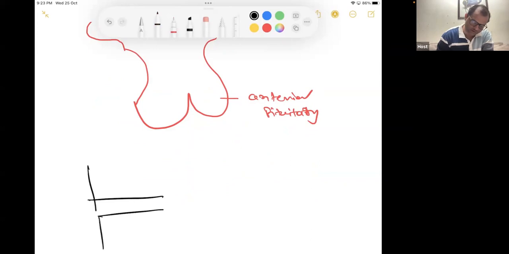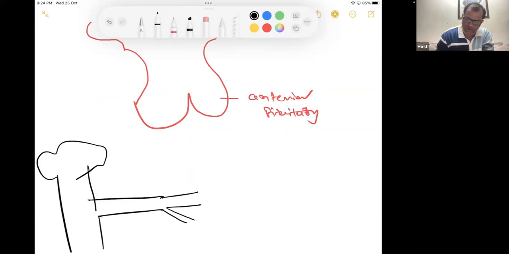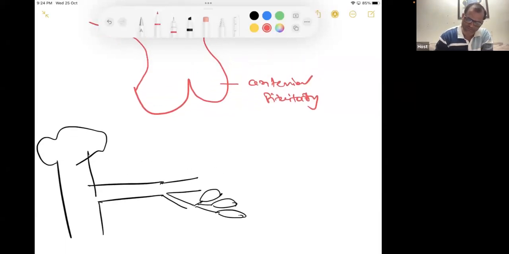Right? This is the tree, right? This is the tree. This is one stick. This is another stick. And from here, there are many leaves, right? Leaves. So in this way, if this is the hypothalamus, and this is the pituitary gland, it's connected with the stick, the stalk.